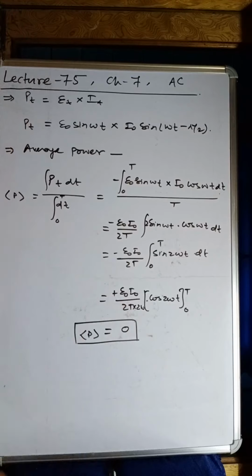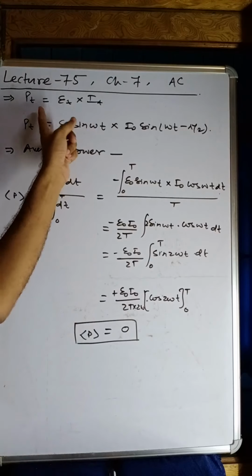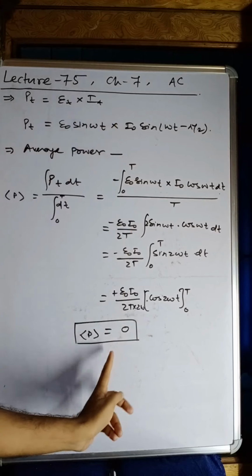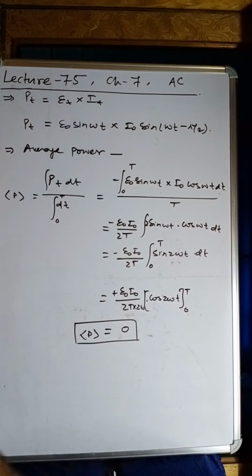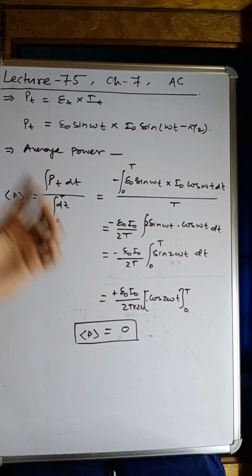What is going on? My dear students, look at the result. Here there is a current in the circuit, but power is 0. For a circuit in which current is flowing but power is not being consumed, the power consumed is 0. So that type of current is called wattless current.